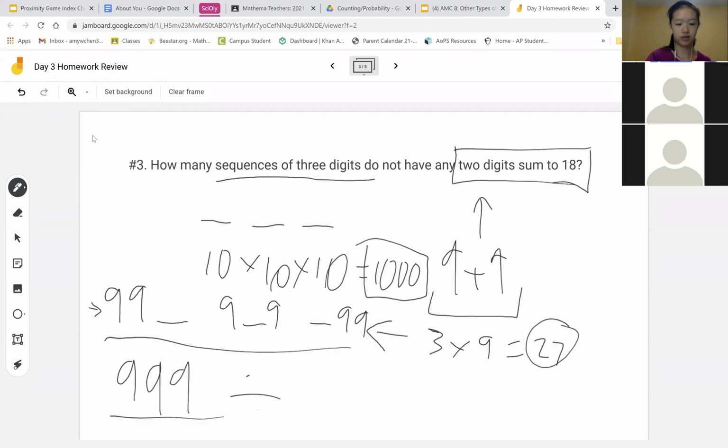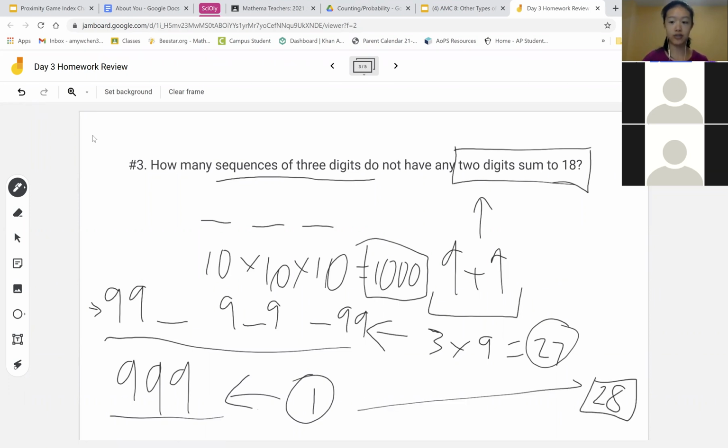And for this case, we just have 1 sequence. So in total, we would have 28 numbers that have 2 digits summed to 18. So Wes, you're pretty close, but it's 28, not 30. So from there, we just do 1,000 minus 28 to get 972 as our answer.